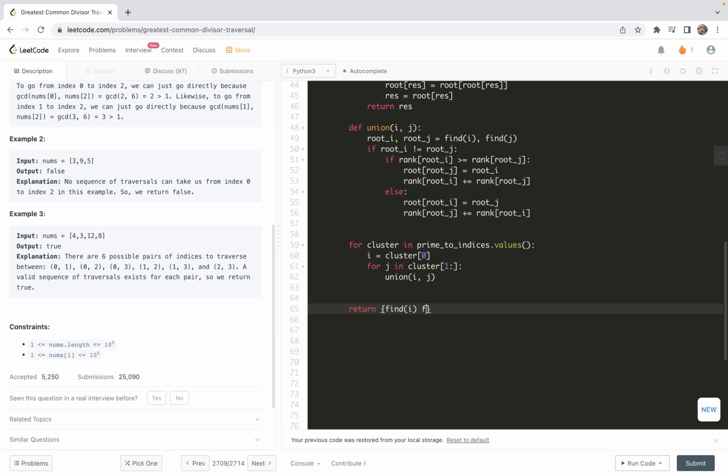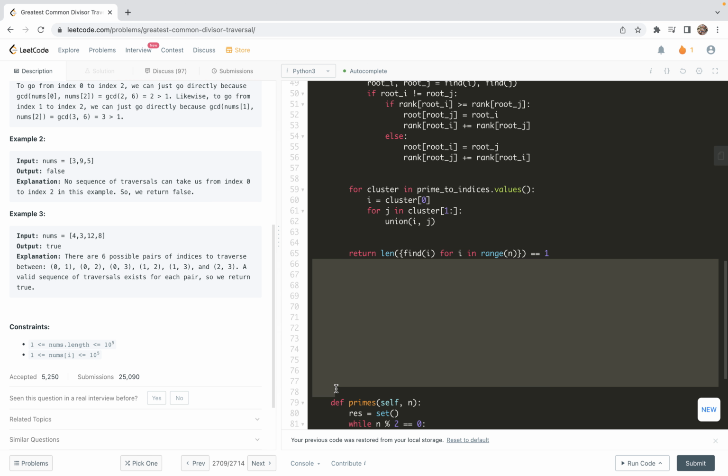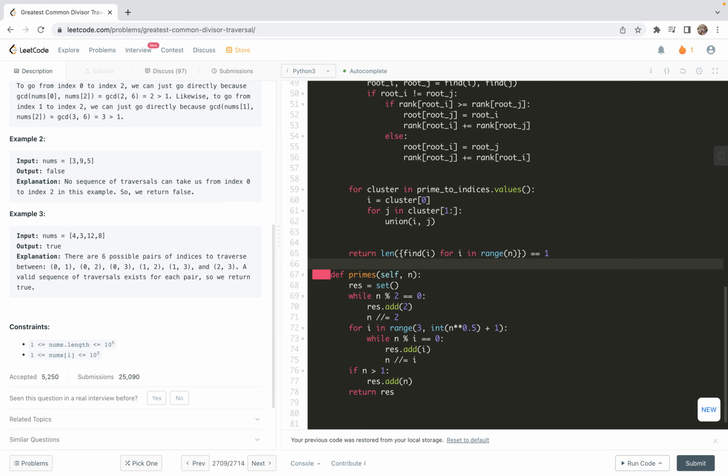This is 0, and then all the indices in the cluster are connected to this one. For example, you can choose any one, so we can union them. So for J in cluster, from 1 up to the end, we just do the union of I and J, right? And so this is the problem logic.